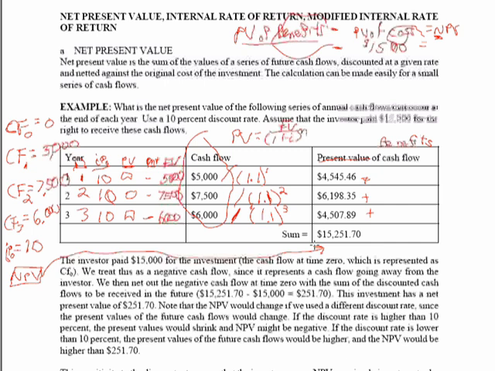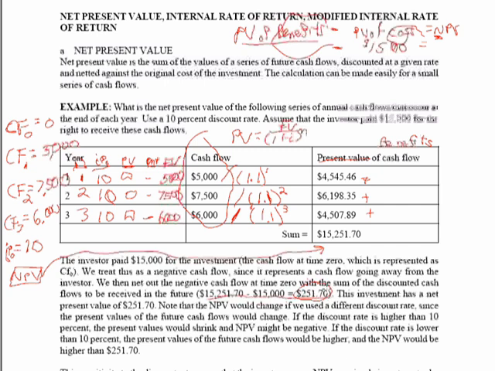Okay, the next step is to do the netting. Basically, we're going to net out the present value of the benefits against the cost. And here we do it right in the text. We can just take $15,251.70 minus the present value of the cost, or the investment of $15,000, and that nets out to be $251.70.